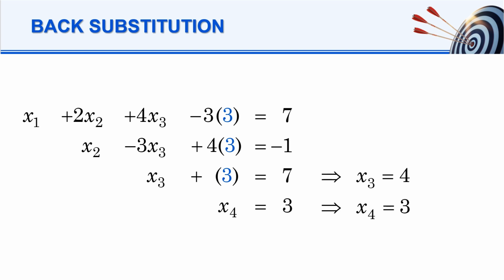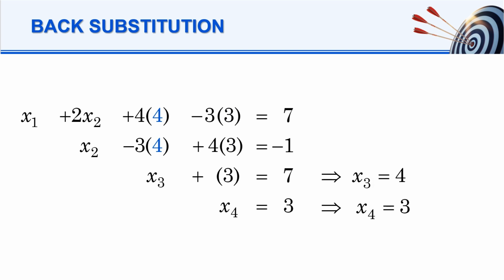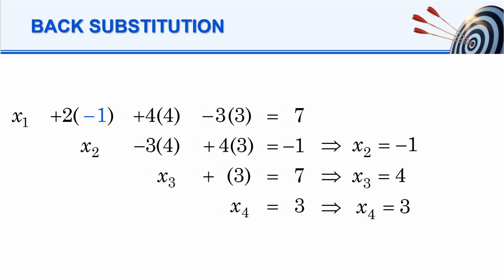Solving this gives 4, which is also applied to the other equations. We note that the only unknown in the second equation is x2, whose solution yields minus 1. Finally, the first equation is solved for x1 that gives 2. The Gauss elimination procedure ends here.